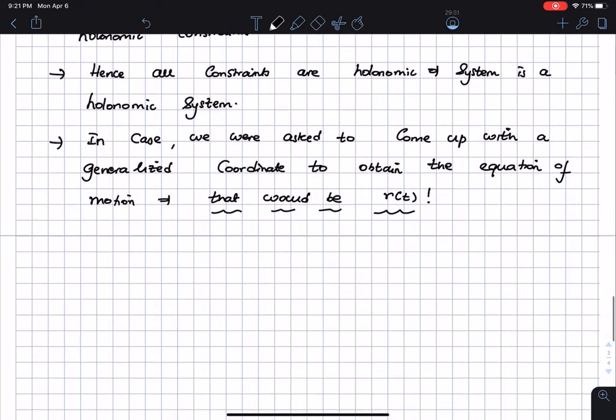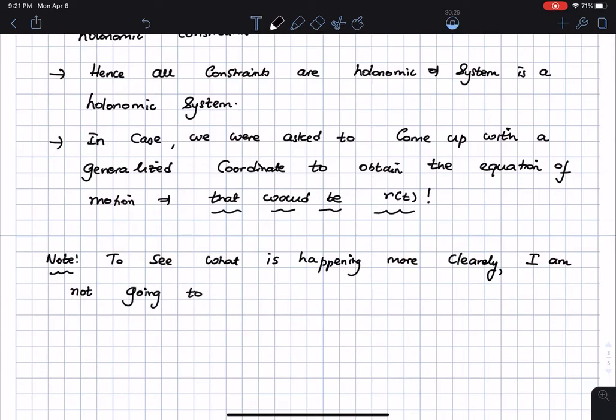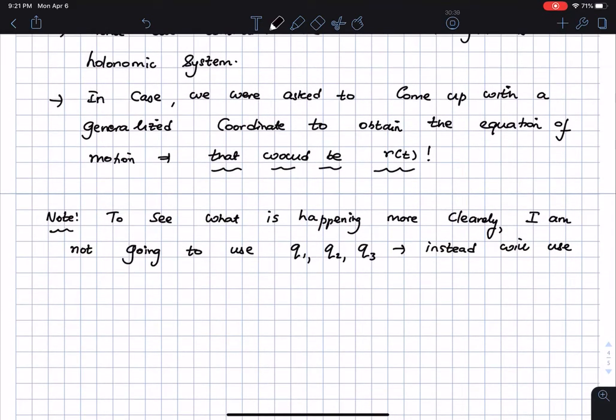So q1 is equal to r of t, q2 is equal to theta of t, q3 is equal to phi of t, to obtain the Lagrange multipliers.